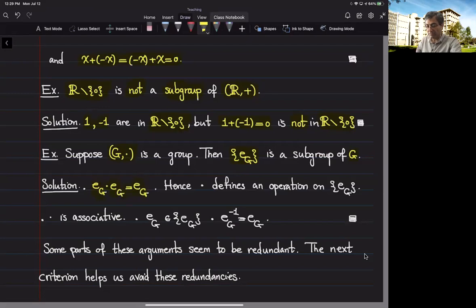Because of this, we can also deduce that its inverse is the same as itself. Associativity is, of course, clear because I have only one element here. And we have also inverses. That's it. So the set that contains only the neutral element is a subgroup of G.